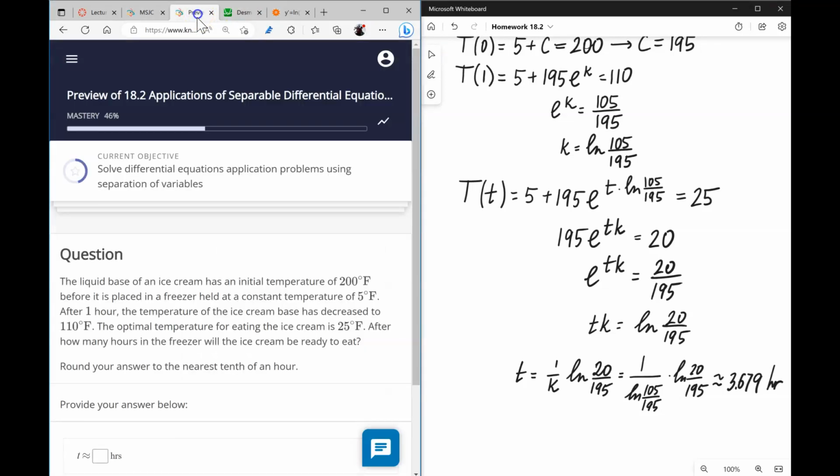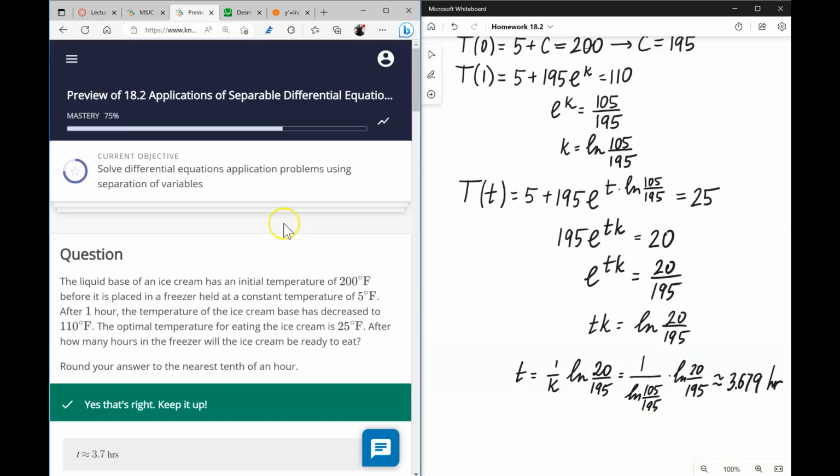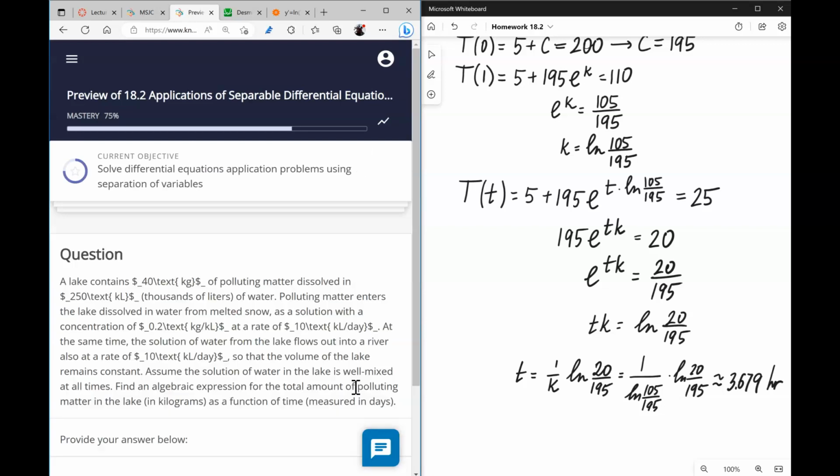And the question was asking us to round to the nearest tenth. So the answer will be 3.7 hours. Which is good to know. All right, so this was problem number 3.